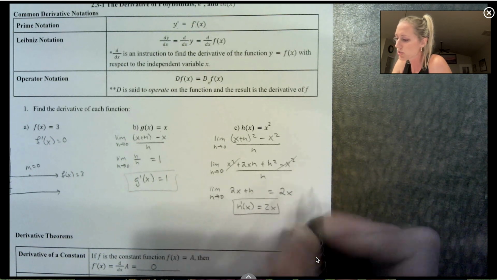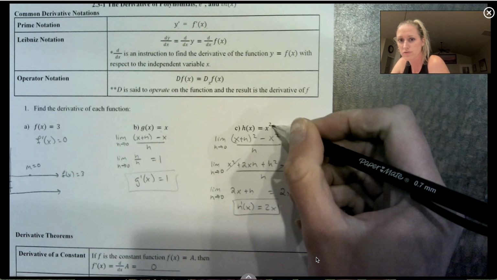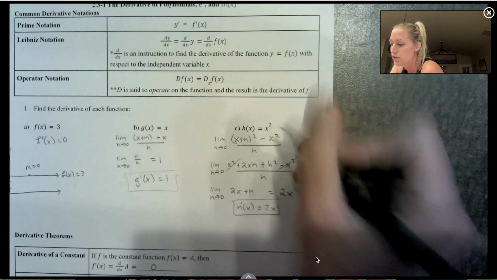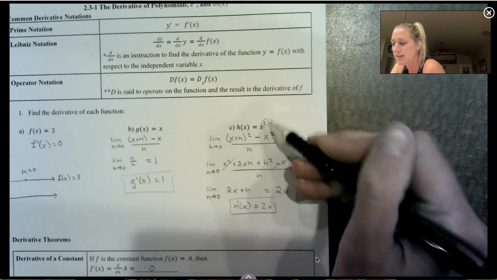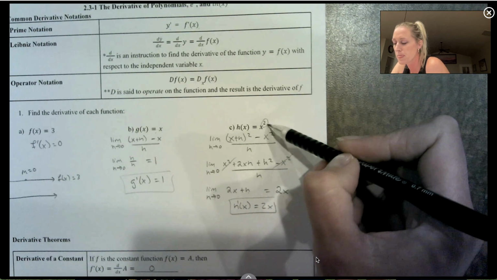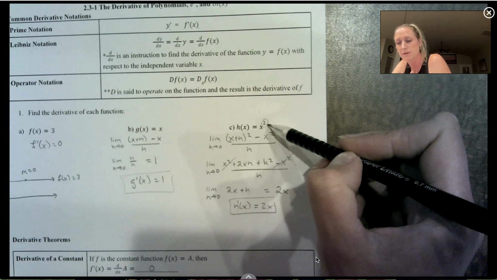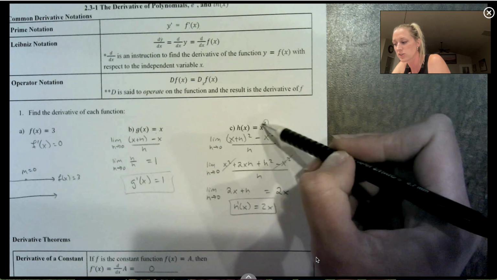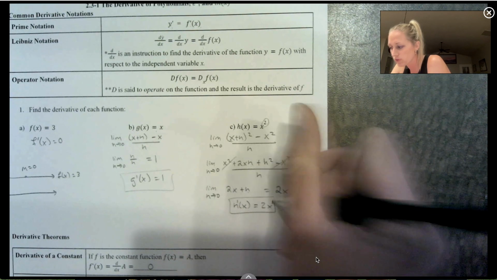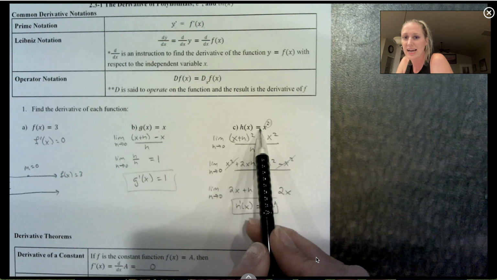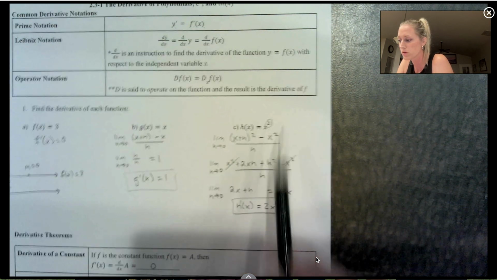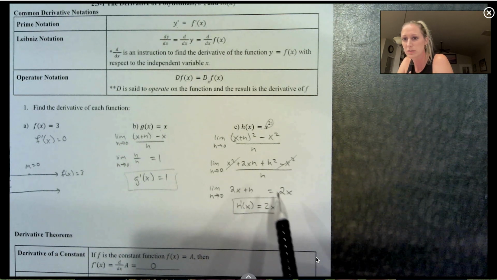Okay, so let's just look at how my original function compares to this. So basically the 2 ends up being the coefficient. And I mentioned this in a previous video, but my degree always drops every time I find a derivative. So if I started with a second degree, this goes to a first degree. So basically my power comes down as a coefficient, multiplying by this variable, and my power decreases by 1.